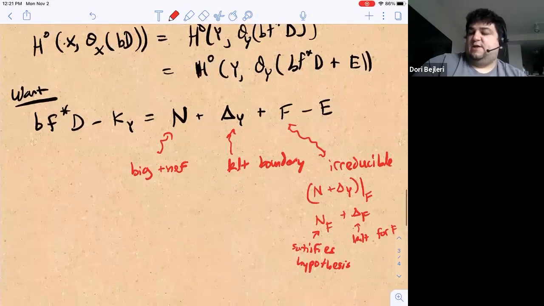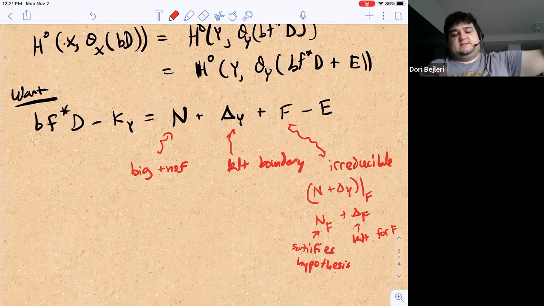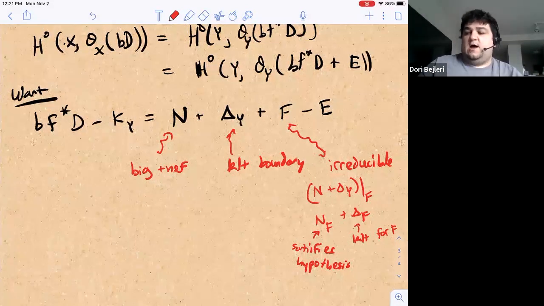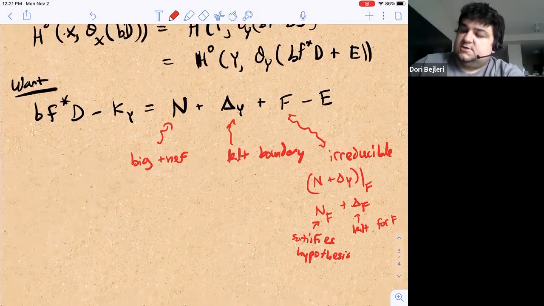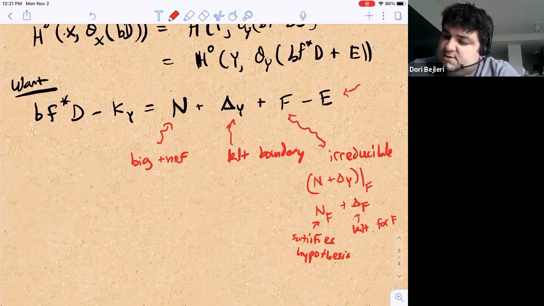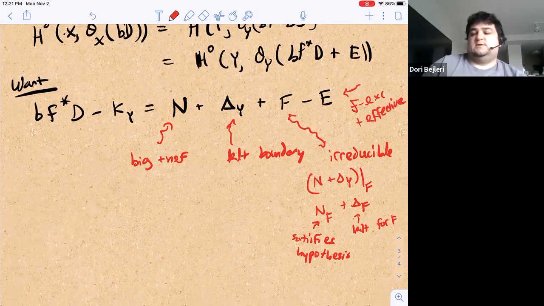So really what that amounts to is saying that F doesn't share any components with Delta_Y, because then if I take this SNC divisor Delta_Y that doesn't share any components with F, and then restrict it, I'll get some SNC divisor with coefficients between 0 and 1, but strictly less than 1 by that assumption. So really we need that F and Delta_Y don't share components, and then finally we want E to be f-exceptional and effective, so that when we add it over, it doesn't change the sections.